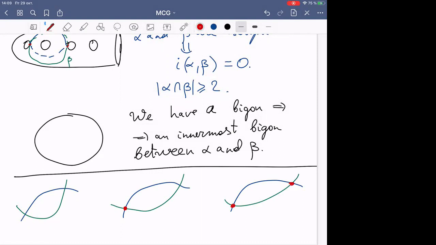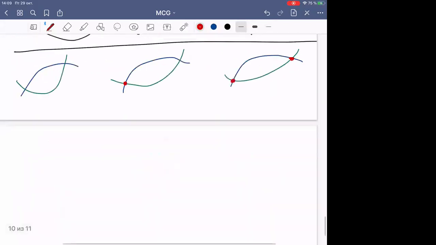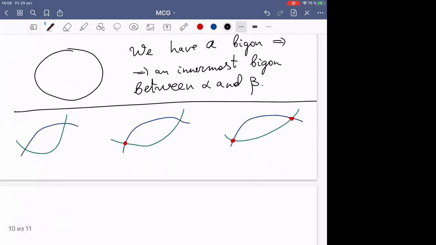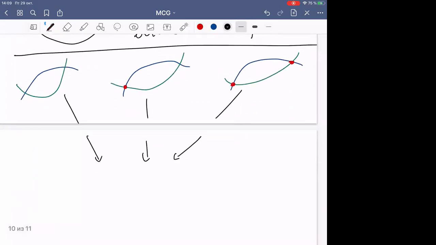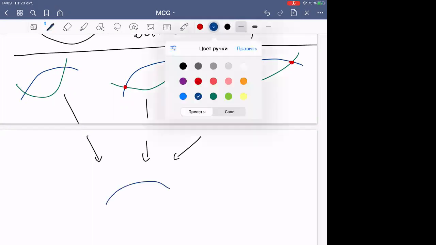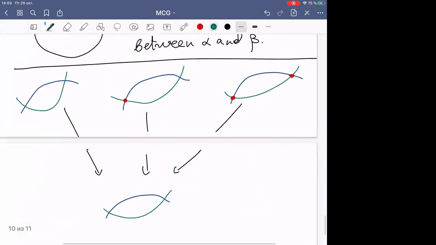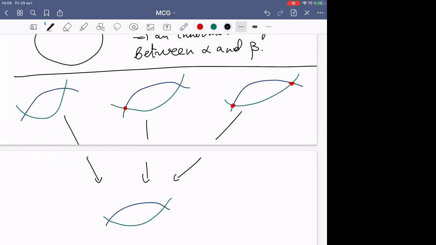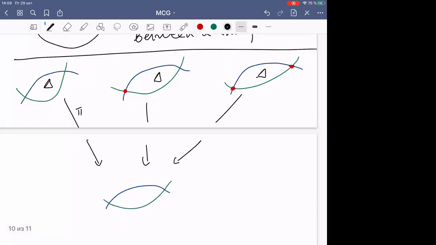But in any of these possibilities, if we go downstairs, my claim is that downstairs we get a bigon as well. The crucial point is that the restriction of the projection to this disk is injective.